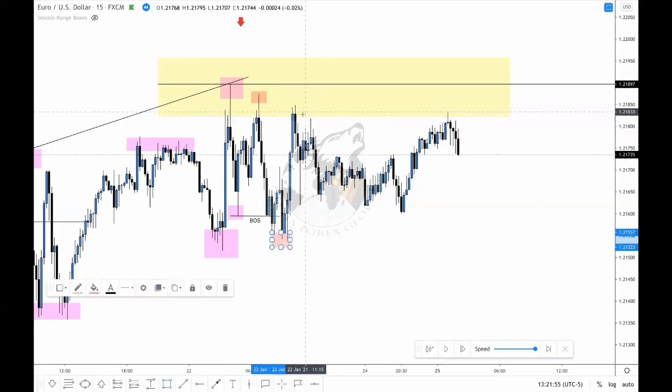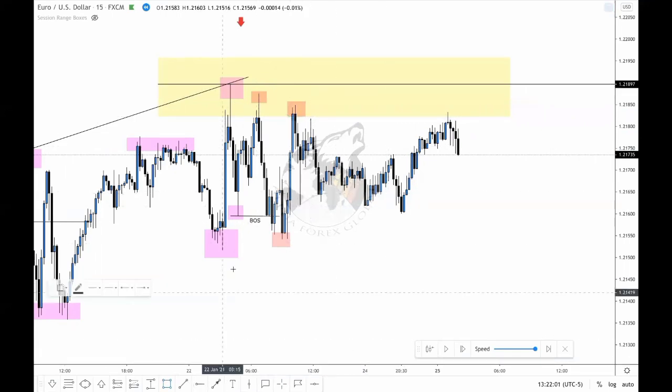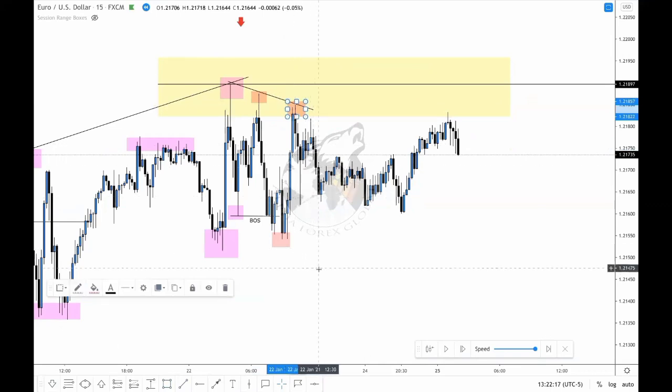Market pushed back to the upside and failed to create a new high, so that means the market is now creating lower highs, right? So the market is now creating lower highs. So on the 50-minute time frame now, we are trading within this zone right here.